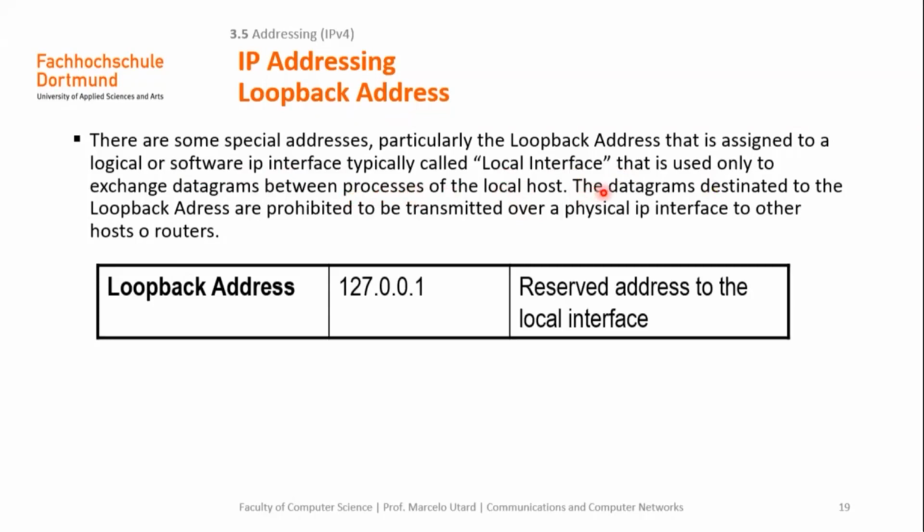Datagrams designated to the loopback address are prohibited from being transmitted over a physical IP interface to other hosts or routers. So this address couldn't be used in any IP datagram across the physical network.